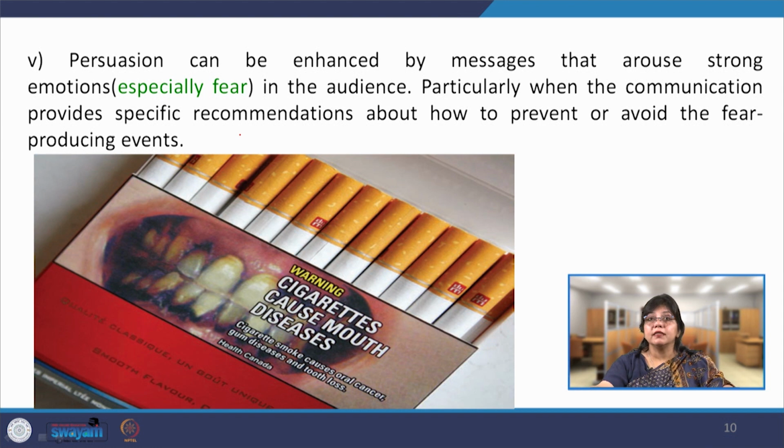So, here, when we are talking about persuasion based on emotions, the communication provides specific recommendations about how to prevent or avoid the fear-producing events. Under such circumstances, even when fear is evoked and the person tries to escape from that fearful emotion, different strategies are pursued to avoid it, and a person can be persuaded to avoid or quit smoking.